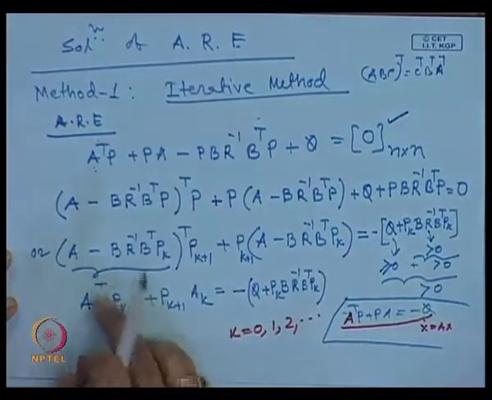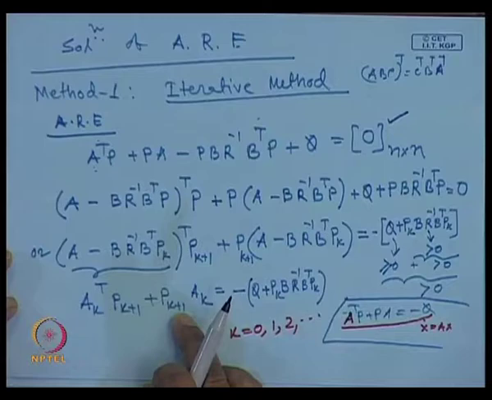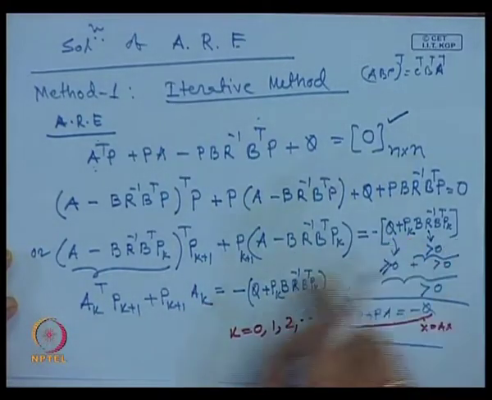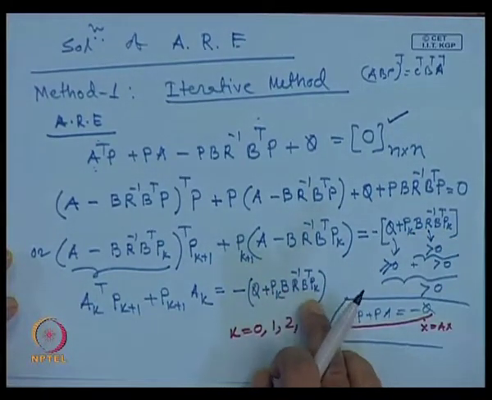So, it is A k transpose P k plus 1 plus P k plus 1 A k is equal to minus Q minus P k B R inverse B transpose P k.